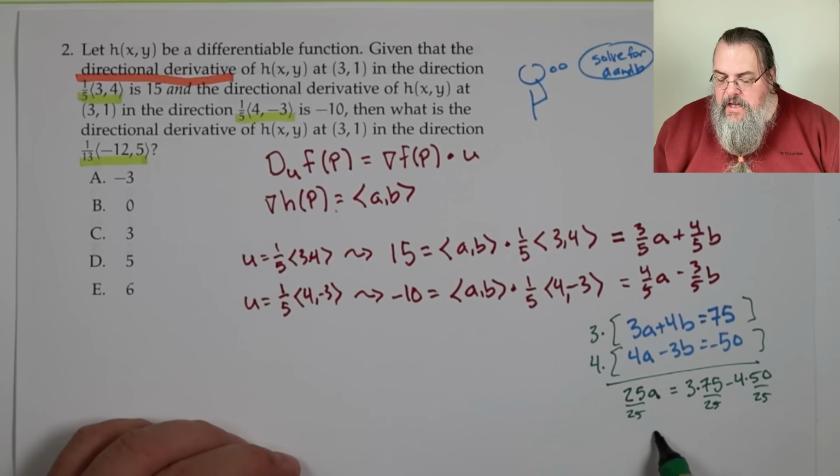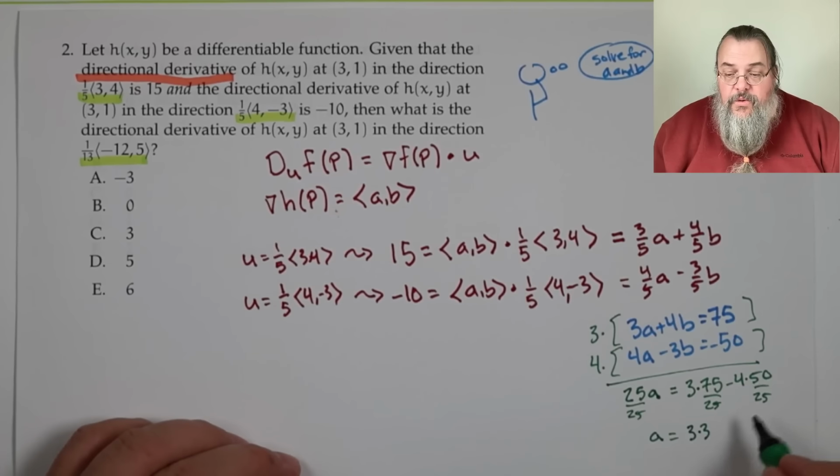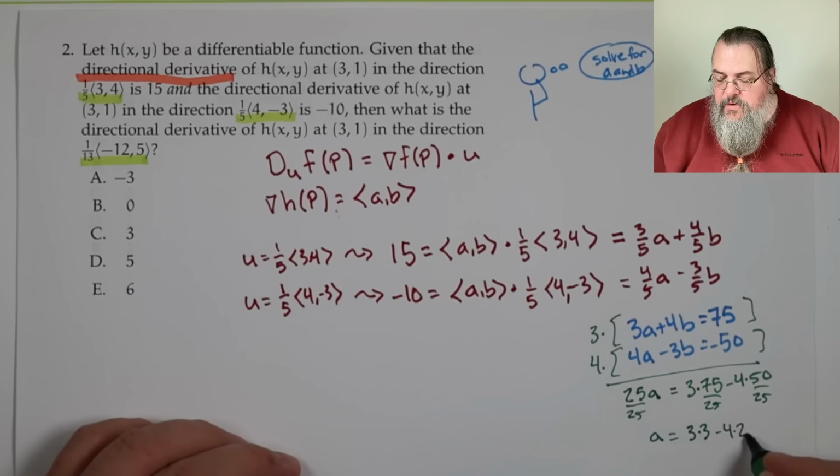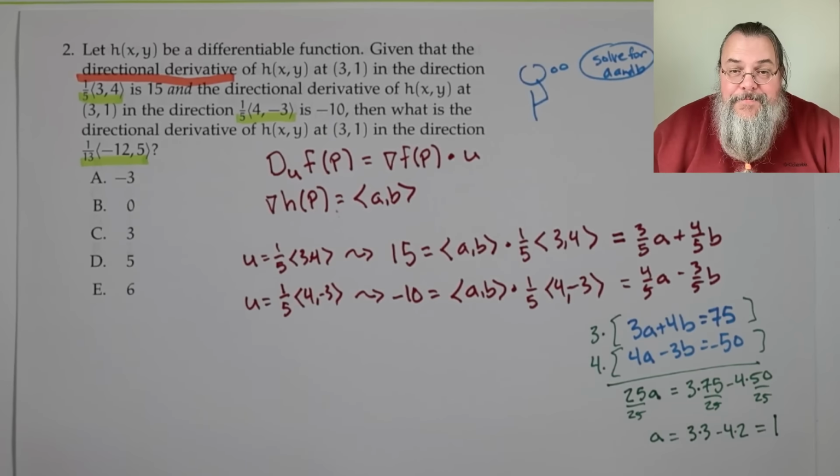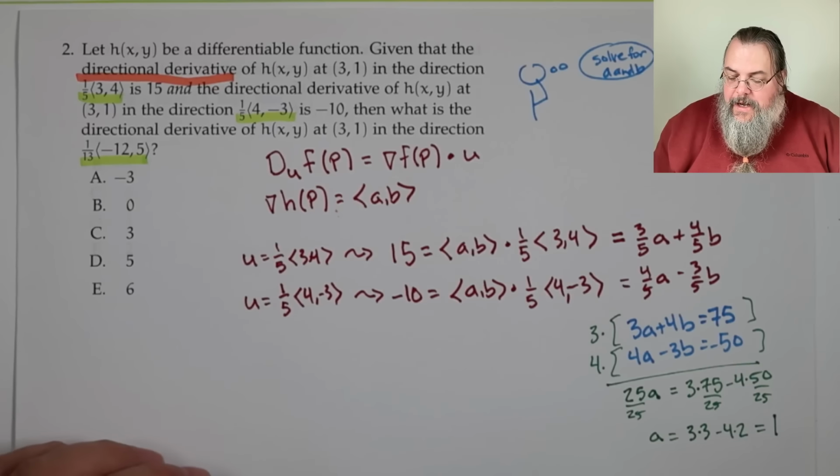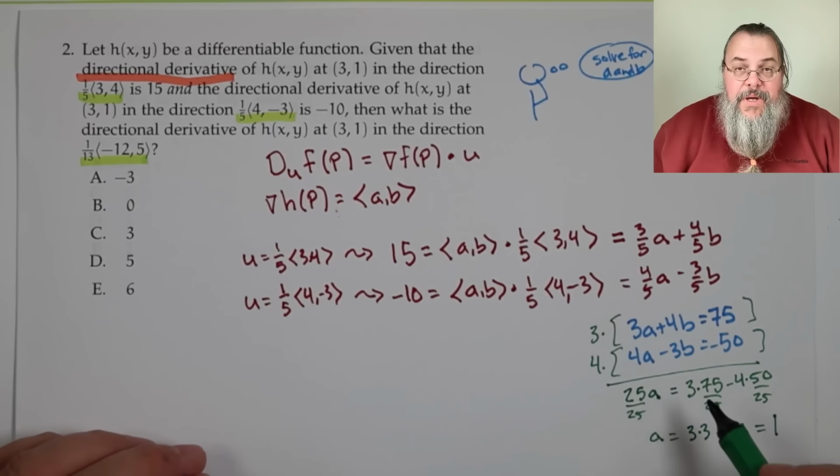If we do that, we get a: 75 divided by 25 is 3, so 3 times 3, and 50 divided by 25 is 2, minus 4 times 2. That's 9 minus 8, which is 1. So a is 1. Now that we know a, we can get b.